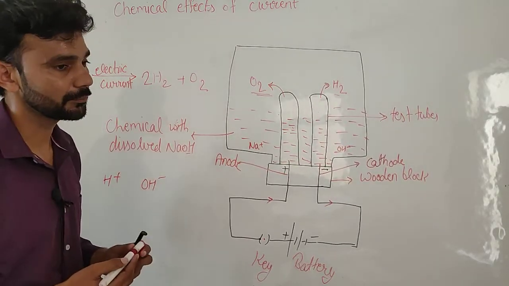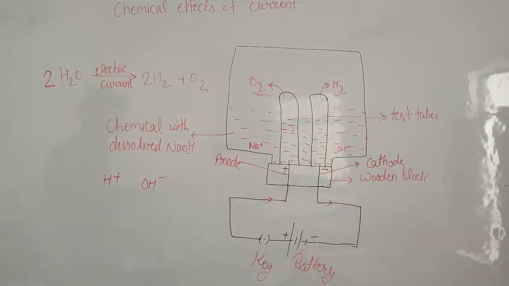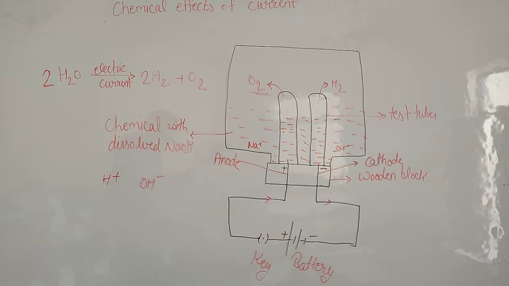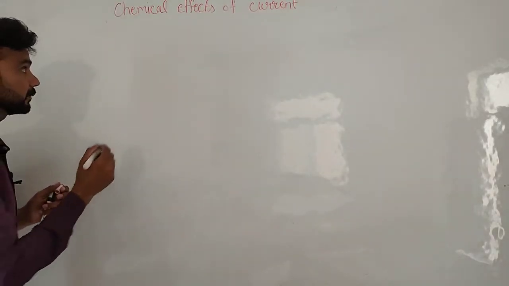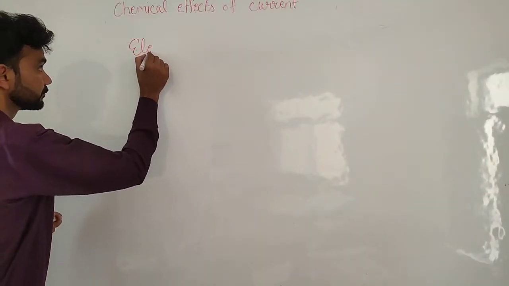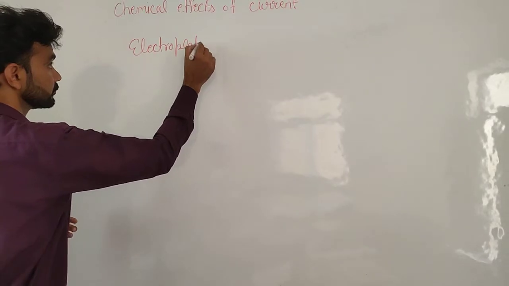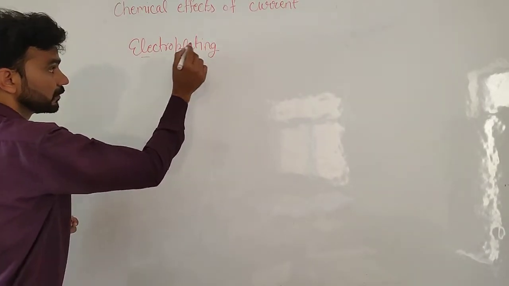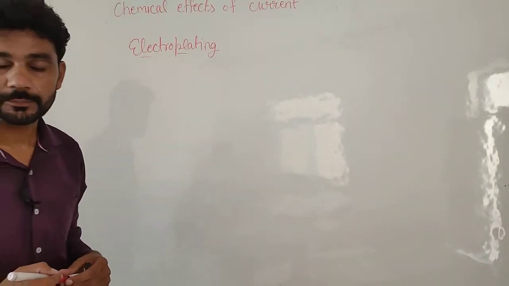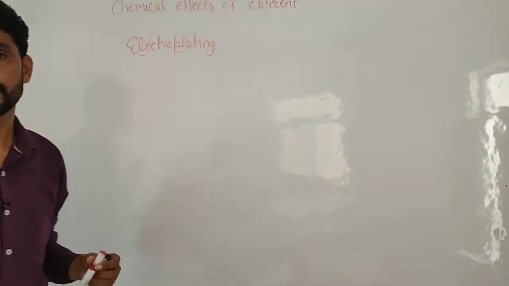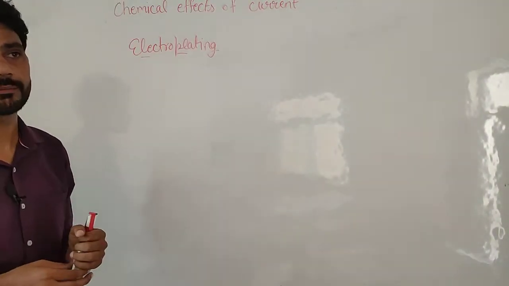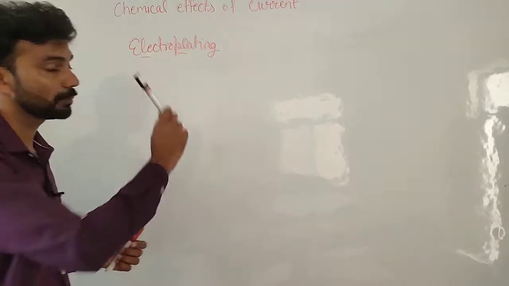Now we will discuss electroplating. What is electroplating? The process of coating a thin layer of superior metal on an inferior metal is known as electroplating.